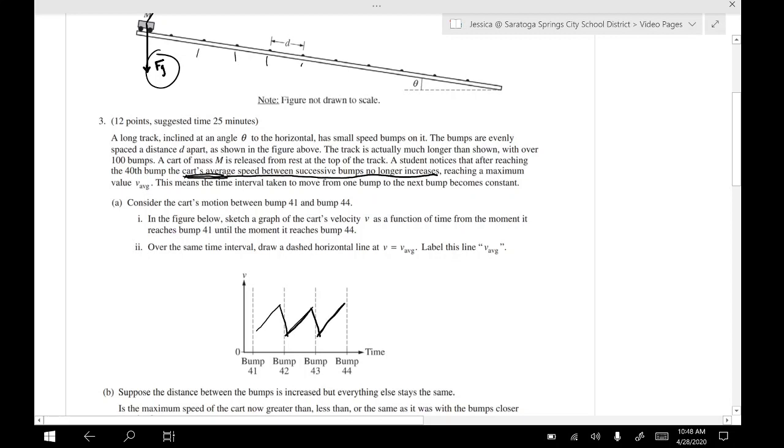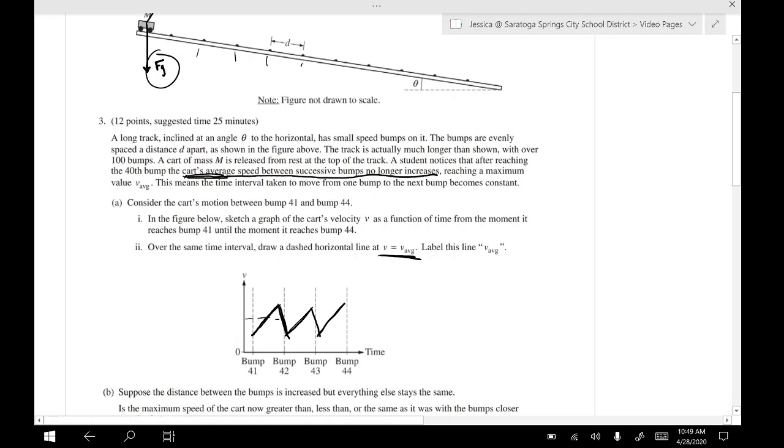So our graph should look something like that. It's definitely super weird. Then it says, over the same time interval, draw a dashed horizontal line, V average, and label this V average. So how do we find the average velocity? Well, because all of these are the same, the average velocity is just going to go right across the center of them.